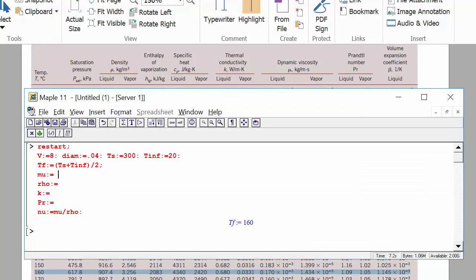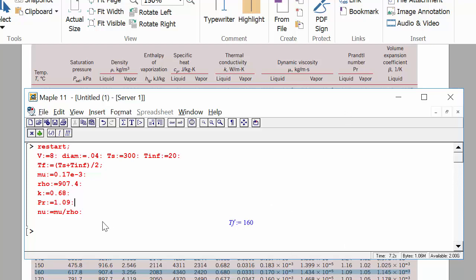So mu is equal to the dynamic viscosity for the liquid, 0.17 E minus 3. The density, 907.4. The conductivity is for the liquid 0.68. And the Prandtl number, again for the liquid, 1.09.